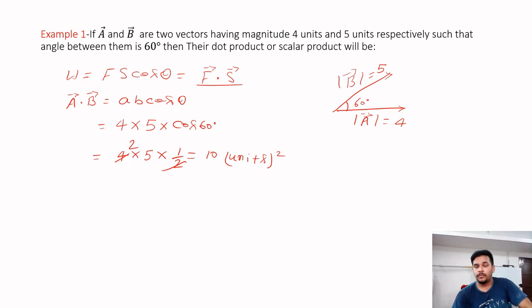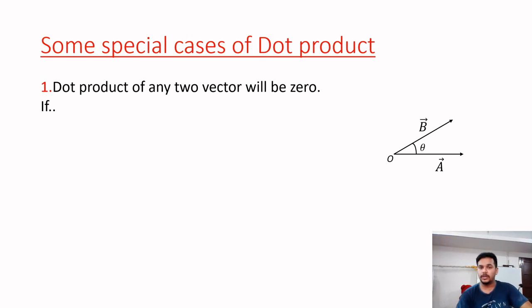Before going further, let me take some special conditions in which the dot product of any two vectors is going to give you 0. Let me discuss, one by one, some special cases of dot product. The first special case: in which condition will the dot product of any two vectors be 0?